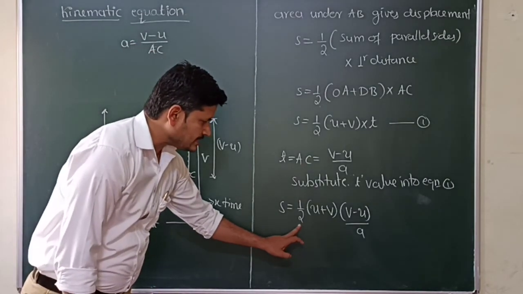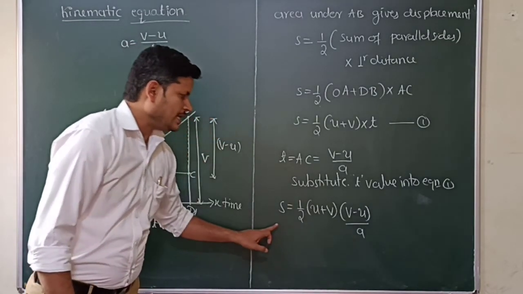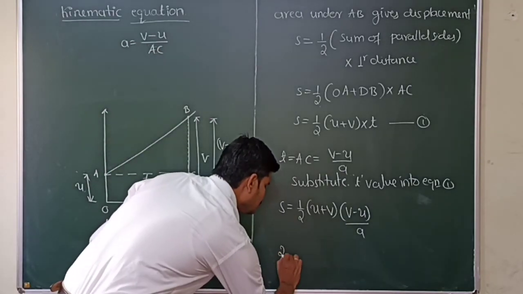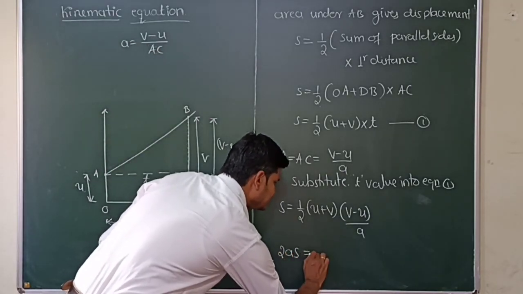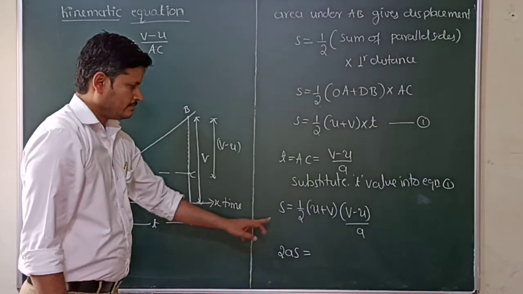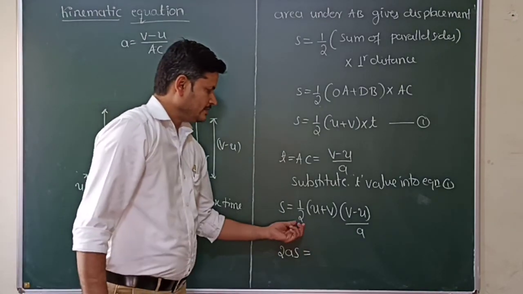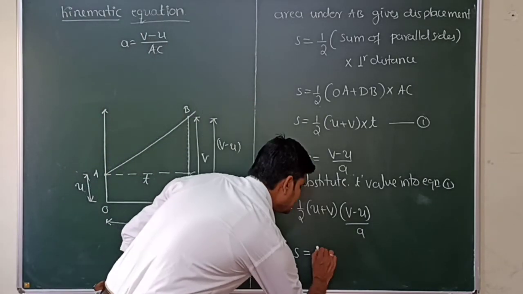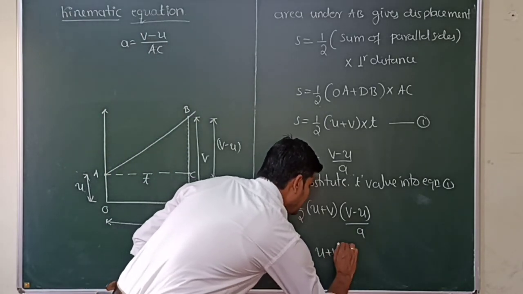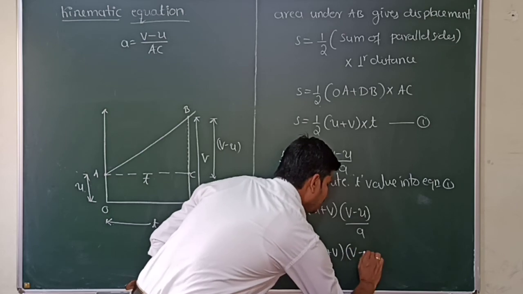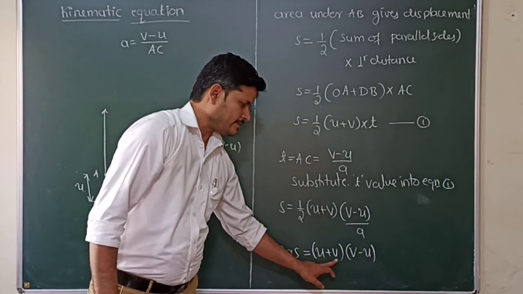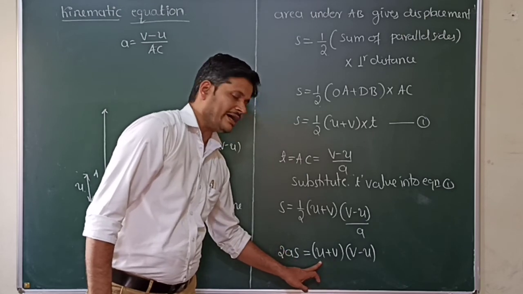Can we take this 2 and a to the left side? Then it is 2as, correct? Multiplication with 2 and a. This 2 and a will come with the multiplication with s, right? What are the remaining terms? u plus v into v minus u. You can write this as v plus u also.